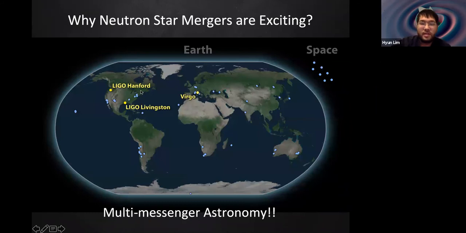I just pointed out LIGO because we are talking about gravitational waves, but there are also some satellites out in space, and there are multiple different stations on the Earth that detect different signals like gamma rays, X-rays, radio, and now this is called multi-messenger astronomy.